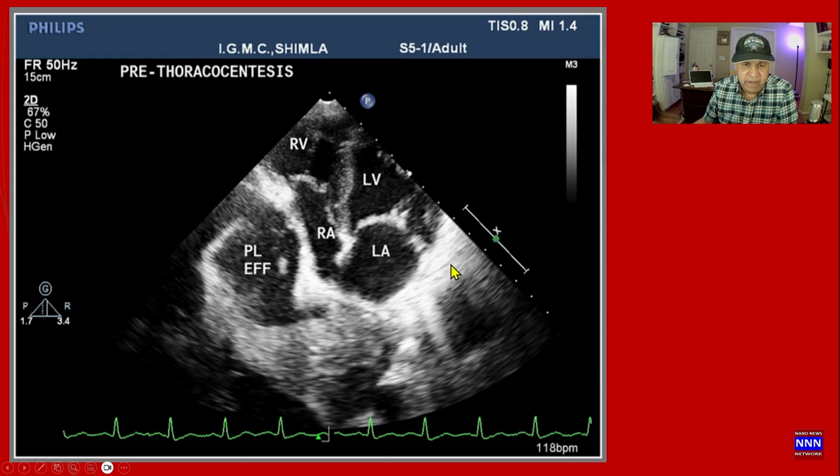And here's an example of a four-chamber view of the heart: left ventricle, left atrium, right ventricle, and we don't see a large pericardial effusion around the left side of the heart. But here we have a large pleural effusion, which is compressing the right atrium, and it is going beyond on top of the right atrium.